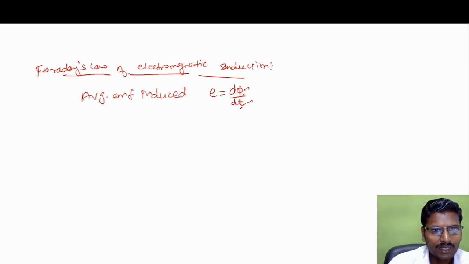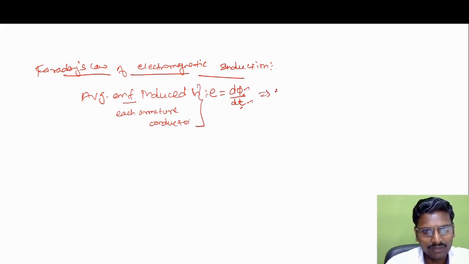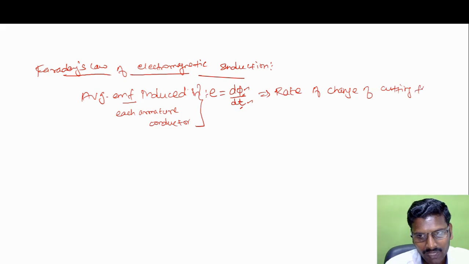So as per Faraday's law of electromagnetic induction, average EMF will be induced due to linkages of flux between the field winding and armature winding, and the average EMF induced in each armature conductor will be E is equal to d phi by dt, where d phi by dt is the rate of change of cutting flux, right?